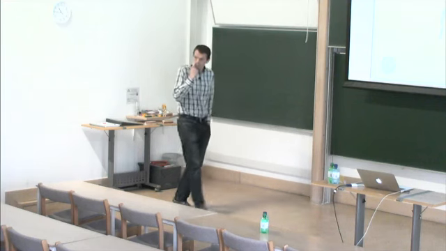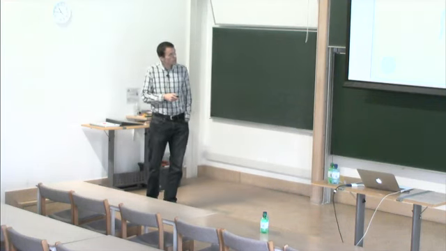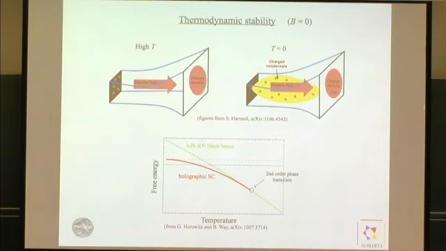And then an alternative is if you have some charged matter in the system, and you can find a configuration. For example, if you have a scalar field, you can have a black hole with scalar hair, and this has of course been studied in holographic superconductors. And then you can ask the question, which of these solutions is thermodynamically favored?